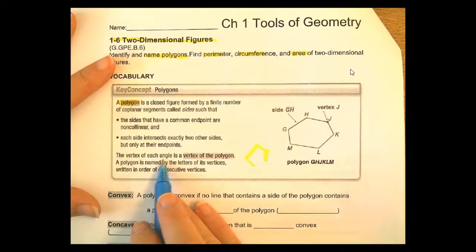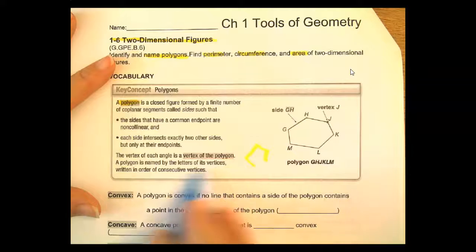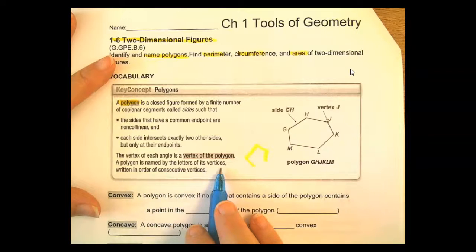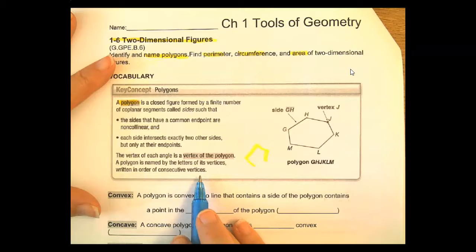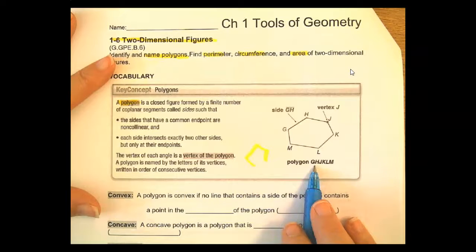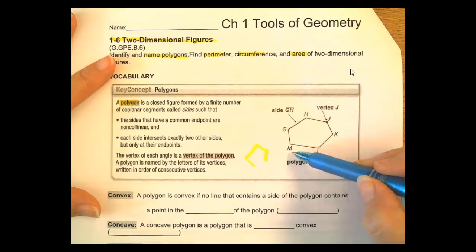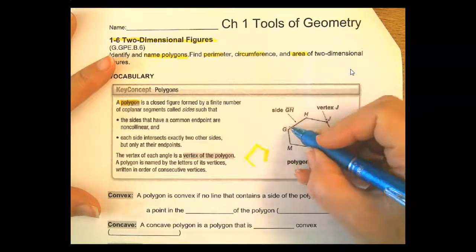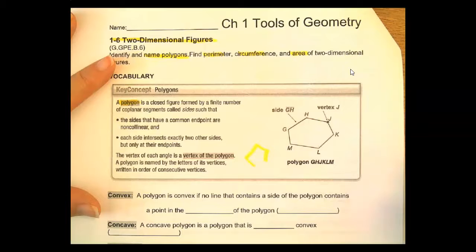The vertex of each angle is a vertex of the polygon, obviously. So a polygon is named by the letters of its vertices, written in the order of consecutive vertices. So I don't care where you start, but this is G, and it just goes and names it like that. They've got the sides named, like segments, and here's your vertices.